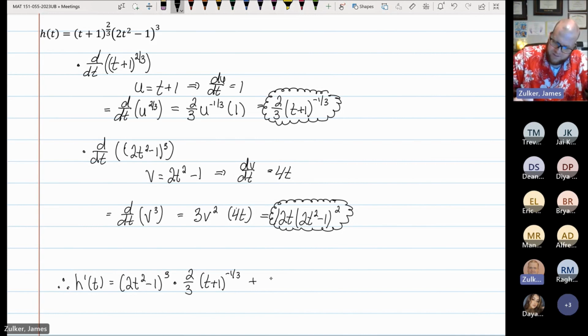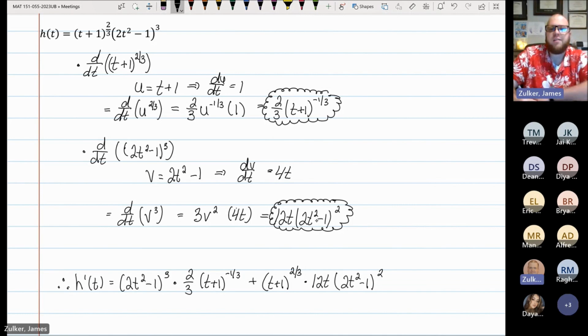Plus the first function times the derivative of the second function, which we also found, right? That was up here. Now it's just a matter of algebra.